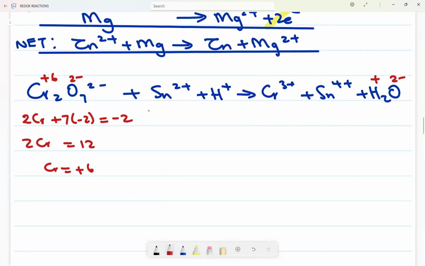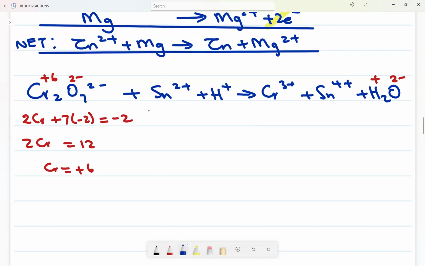Well, I'm not lying. Check. 2 multiplied by 6, that's 14. And then 7 multiplied by -2. Oh, I'm lying. This is 12. This is minus 14. 12 minus 14 is negative 2, yes. So it's fine.